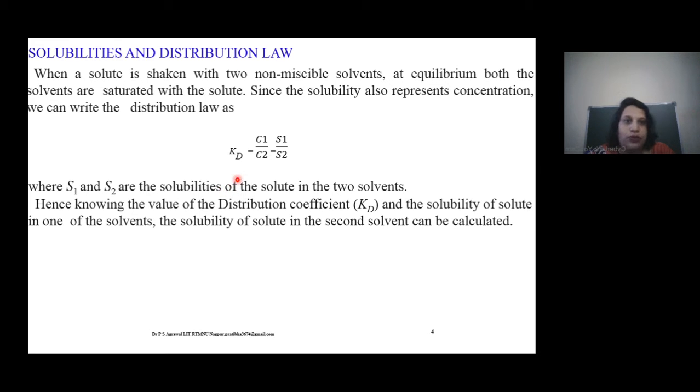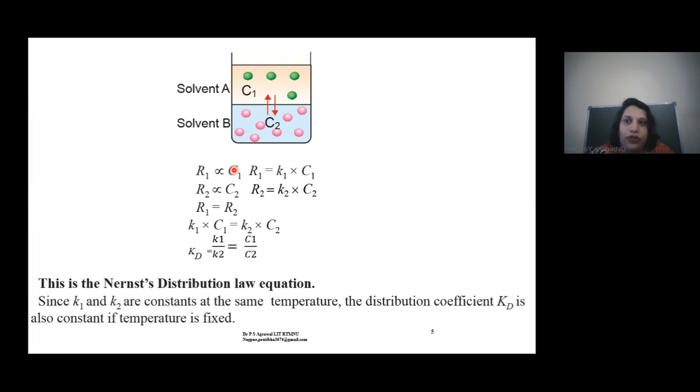Thus, knowing the value of the distribution coefficient Kd and the solubility of the solute in one of the solvents, we can calculate the solubility of the solute in the second solvent. Just like concentration, likewise, we can find out the solubility. So this is as good as the solubility law. We can solve problems on this also.